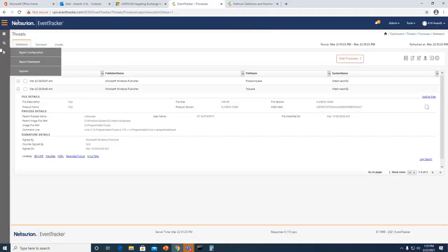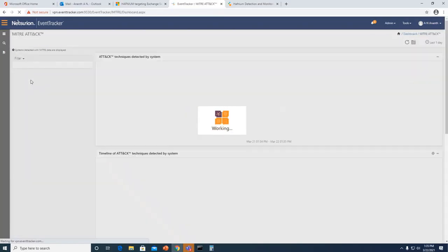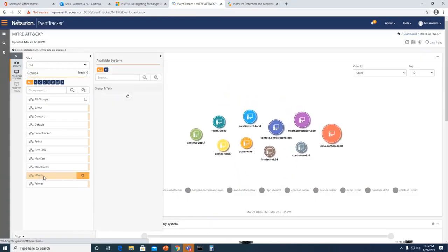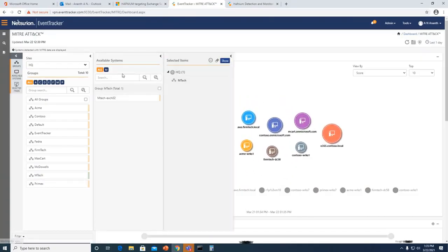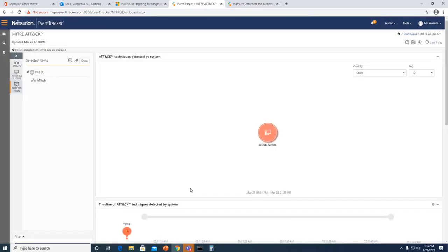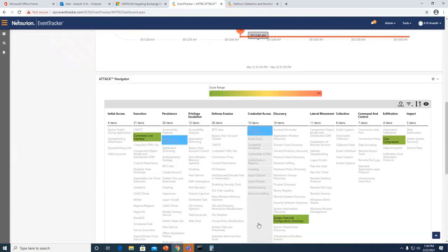Another way in which this can be caught is using the MITRE ATT&CK framework. So MITRE, as you know, has laid out tactics and techniques. And if we focus entirely on this particular machine, which is MTech's machine, then we can see that there are activities identified by MITRE.